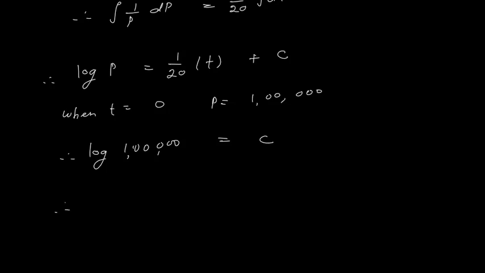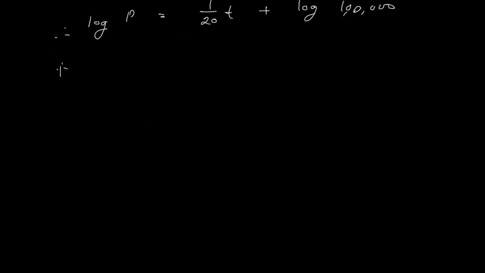So I have log of P is equal to 1 upon 20 T plus log of 1 lakh. Therefore log of P upon 1 lakh is equal to 1 upon 20 T.